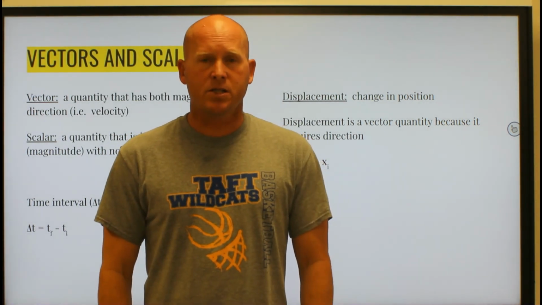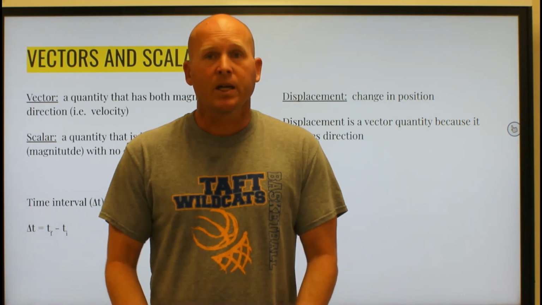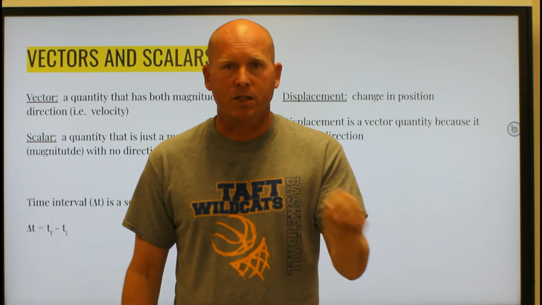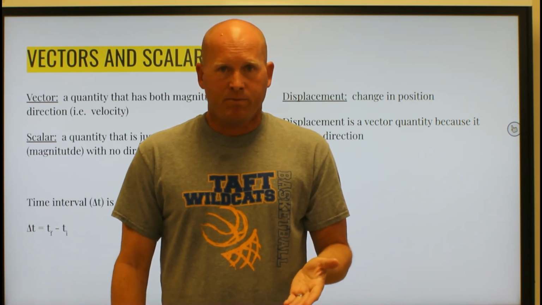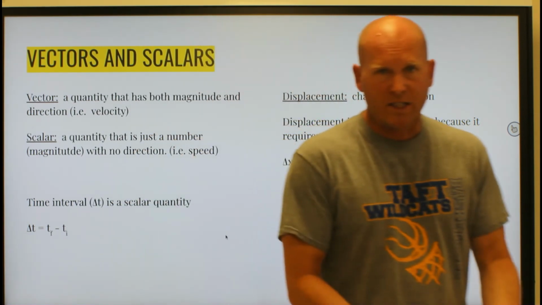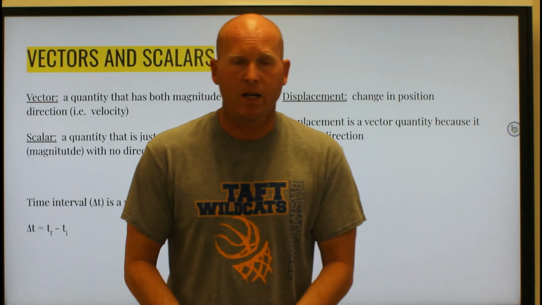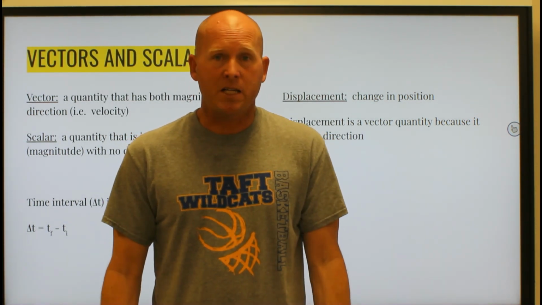Did my position change? It didn't. I started here and I ended here. Displacement is how your position changed. Distance, though, would be different, right? Because I actually traveled a distance to do this motion to end up right here. So I traveled a distance, but my displacement was zero.